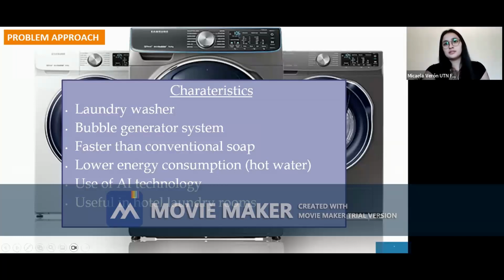This device can be used in laundry rooms, and it is also recommended to accumulate garments in order to use the machine at its maximum capacity, avoiding excess of processes.